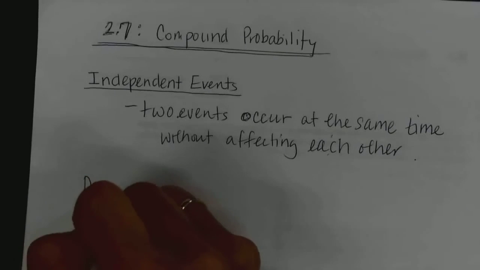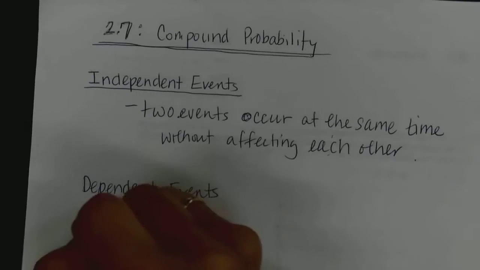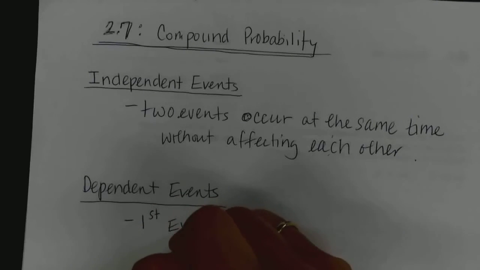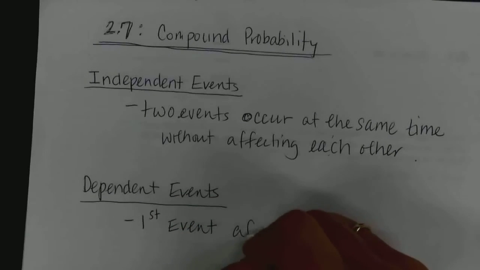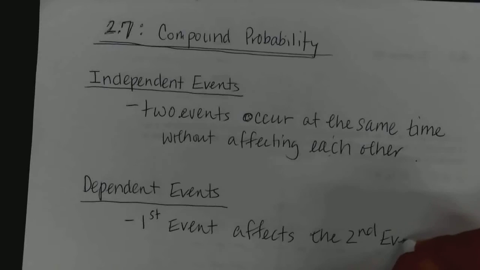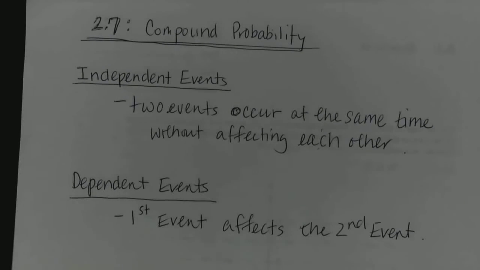Now the dependent would be the opposite. It's where the first event affects the second event. So if I have 15 tiles, some are A, some are B, some are C's, what is the probability of picking a letter A?